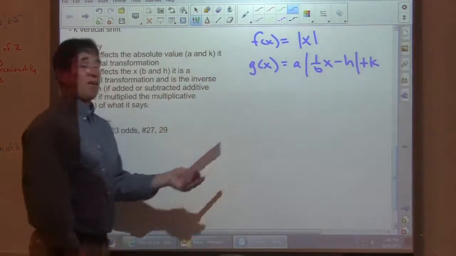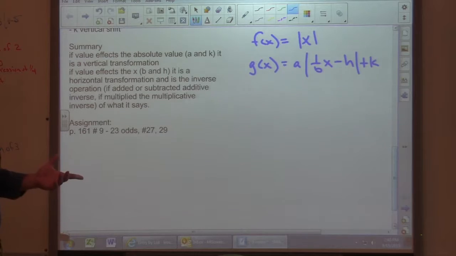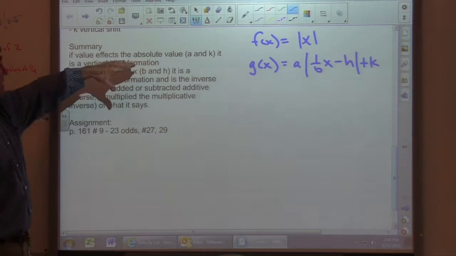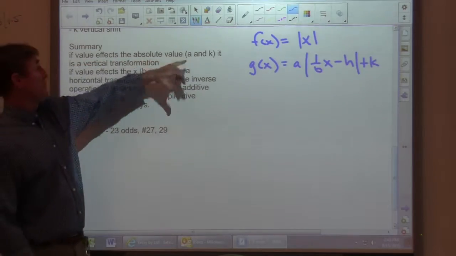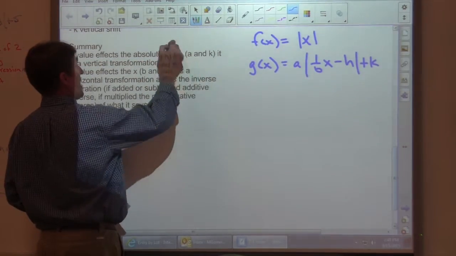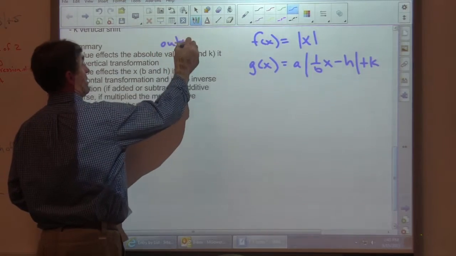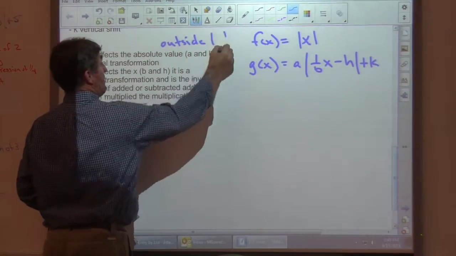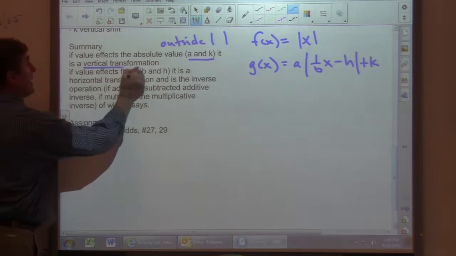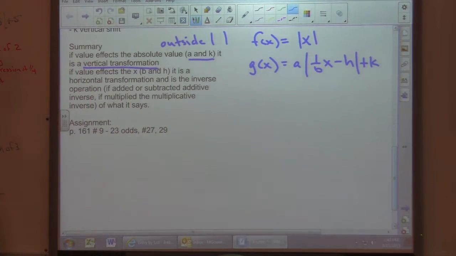And we put these letters in there just to represent them. If the value affects the absolute value, so if it's outside the absolute value, so a and k, it is a vertical transformation, up and down.